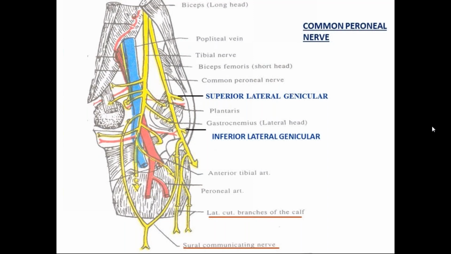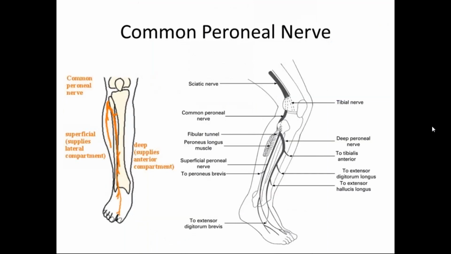The recurrent genicular nerve arises where the common peroneal nerve divides into the superficial and deep peroneal nerves. It ascends anterior to the knee joint and it supplies the tibialis anterior muscle. Also, it supplies the knee joint.